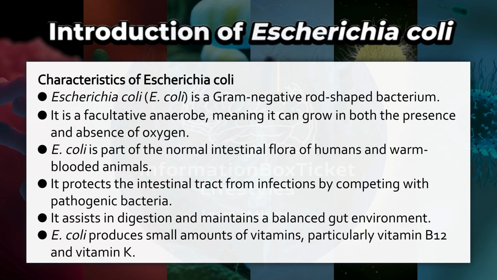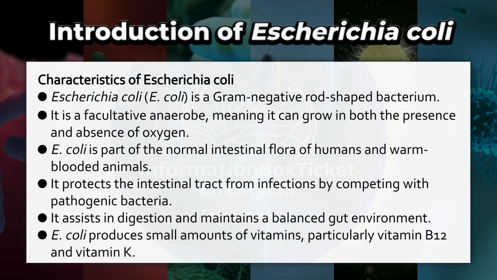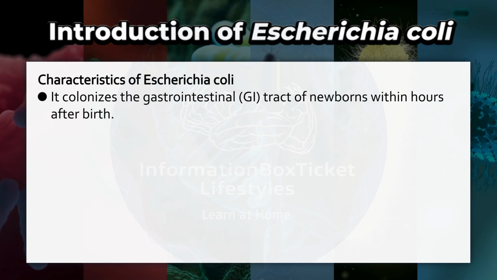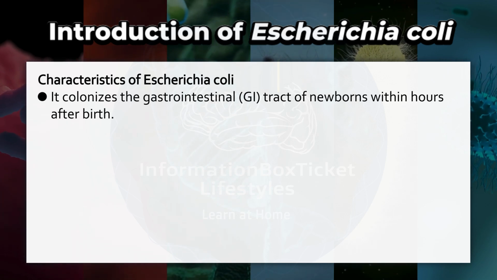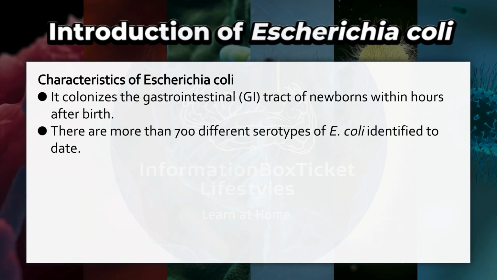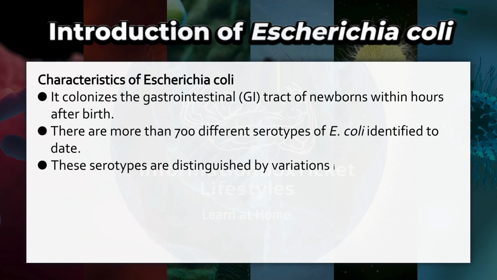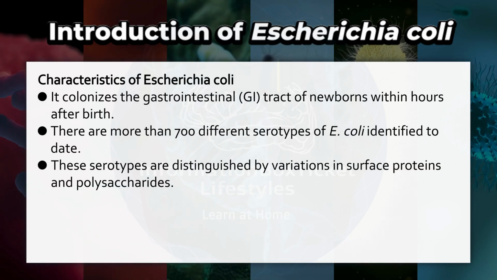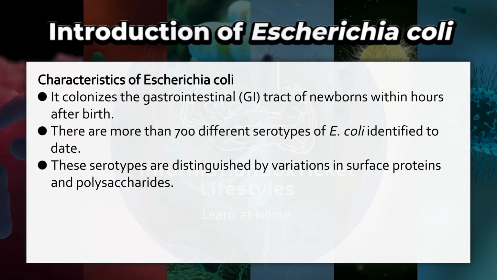E. coli produces small amounts of vitamins, particularly vitamin B12 and vitamin K. It colonizes the gastrointestinal GI tract of newborns within hours after birth. There are more than 700 different serotypes of E. coli identified to date. These serotypes are distinguished by variations in surface proteins and polysaccharides.